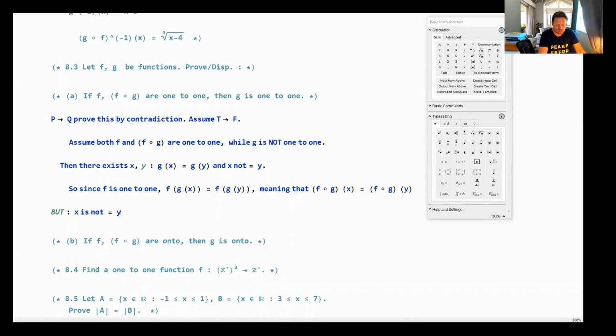Okay, and so this says that f compose g is not one-to-one. However, this is a contradiction, right? Because we assumed that it is one-to-one.